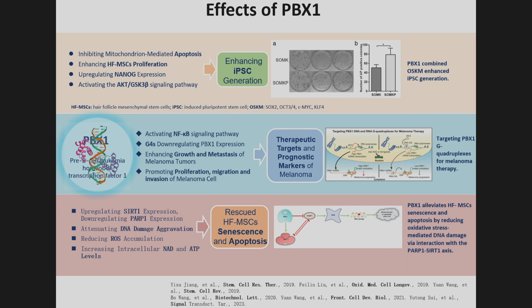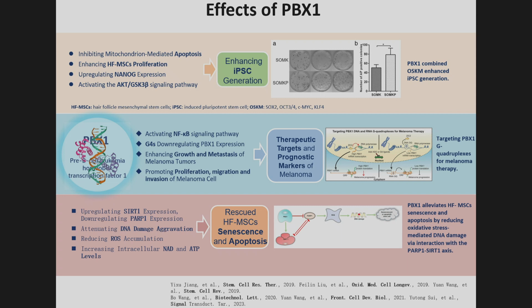And what they found is that, first of all, this particular gene enhanced the stem cell generation. And second of all, this happens to be a therapeutic target for melanoma. And third, it can rescue the hair follicle mesenchymal stem cell senescence and apoptosis.